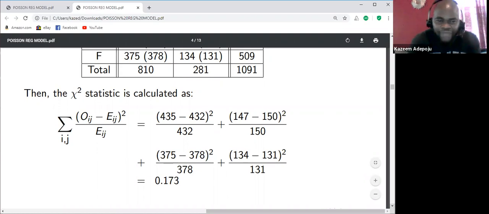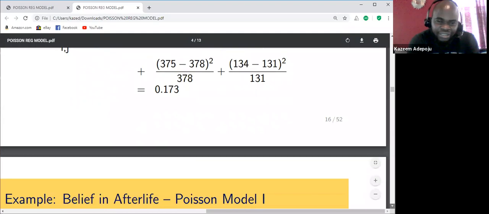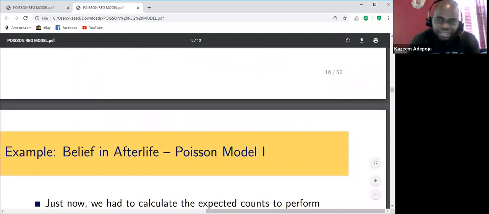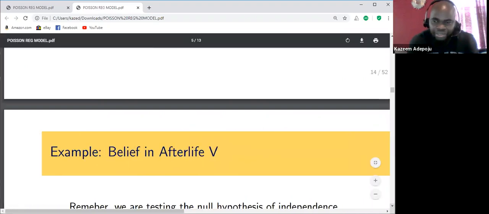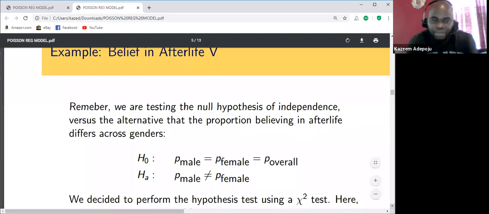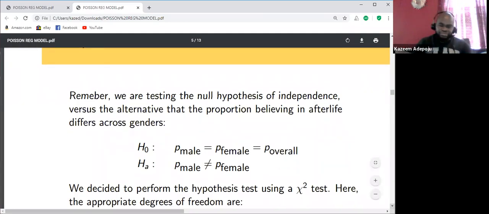After getting the chi-square statistic right here, what is the next thing that I'm going to do? The next thing is to state my hypothesis.